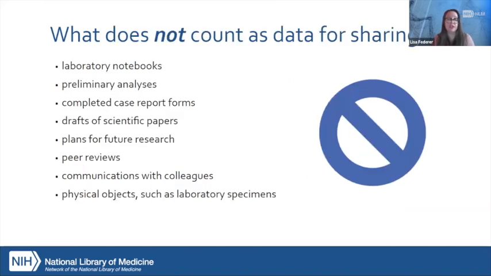What does not count as data for sharing is anything that's not the final scientific research data. So things like lab notebooks or preliminary analyses, completed case report forms from working with participants, communications, and also physical objects. So this only applies to digital scientific data. Things like biospecimens do not fall under this policy.